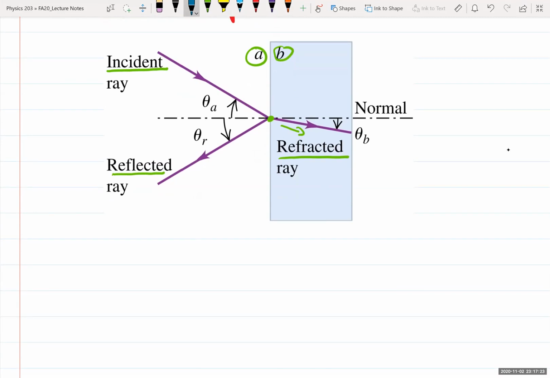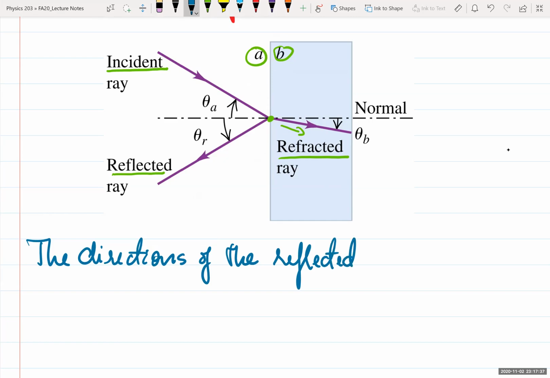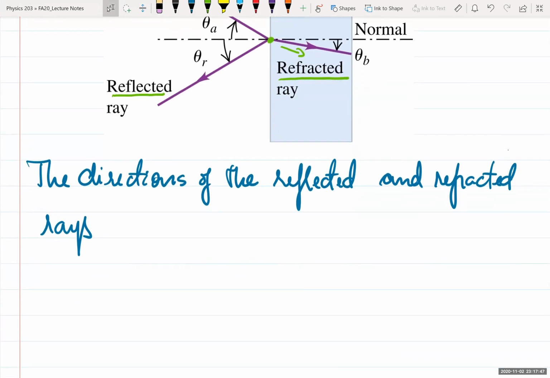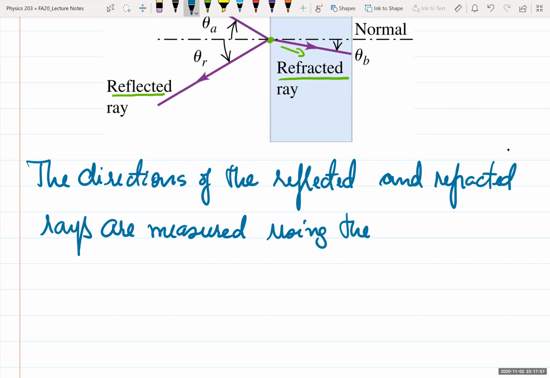So the directions of the reflected and refracted rays are measured using the angle the rays make with the surface normal.